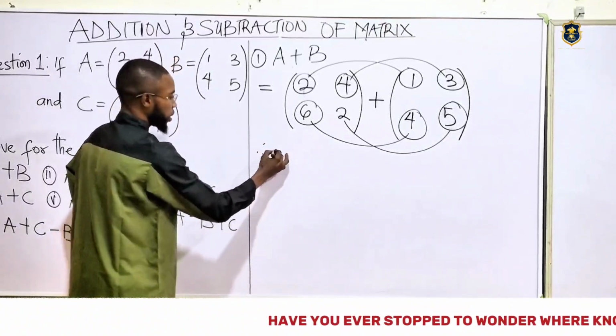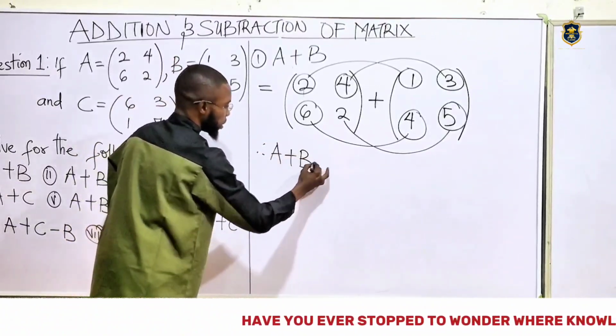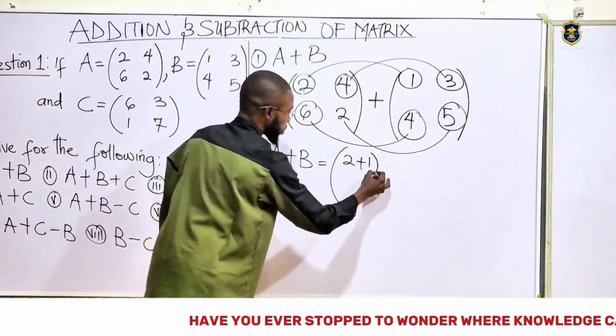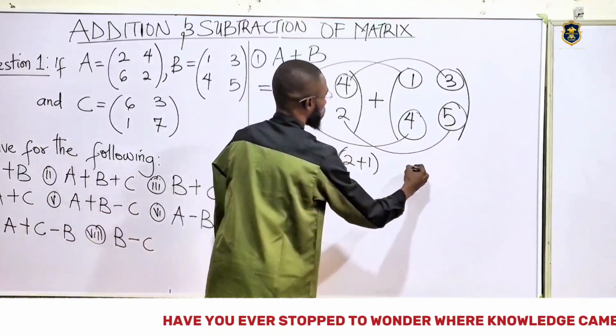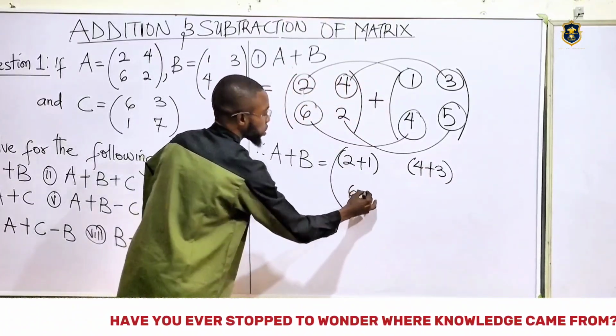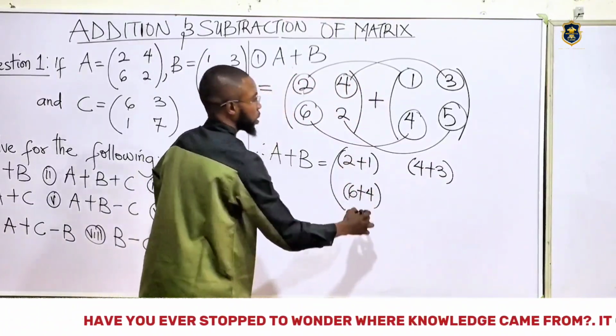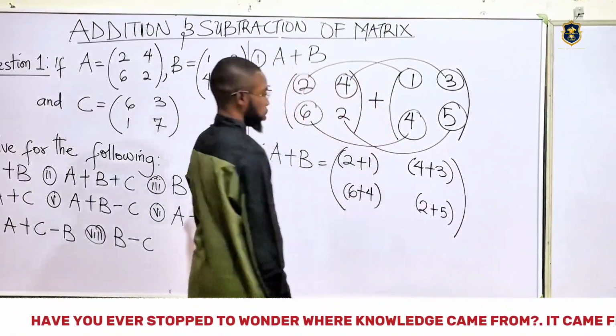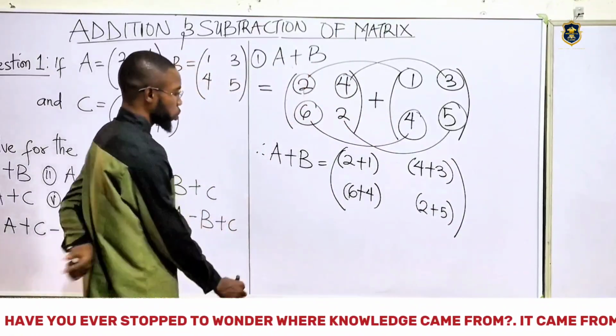So therefore we can say A plus B is simply 2 plus 1, and then 4 plus 3, then 6 plus 4, and then 2 plus 5. That's all about that, right? So if we add them, what are we going to get?